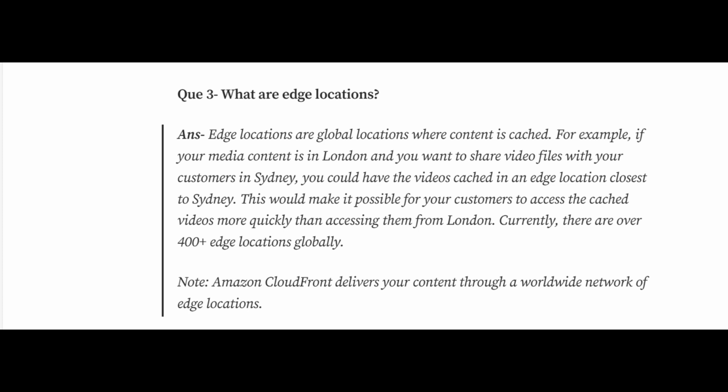Certainly, there are over 400 edge locations globally. A point to note here is Amazon CloudFront delivers your content through a worldwide network of edge locations. So when we say what is CloudFront, it's just like your postman delivering your content worldwide.